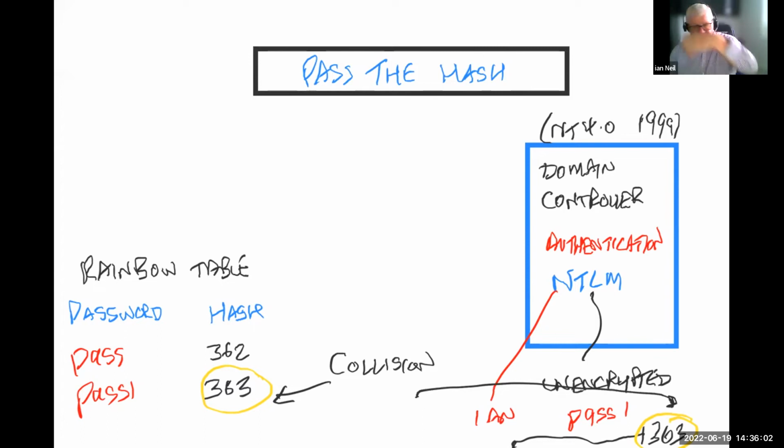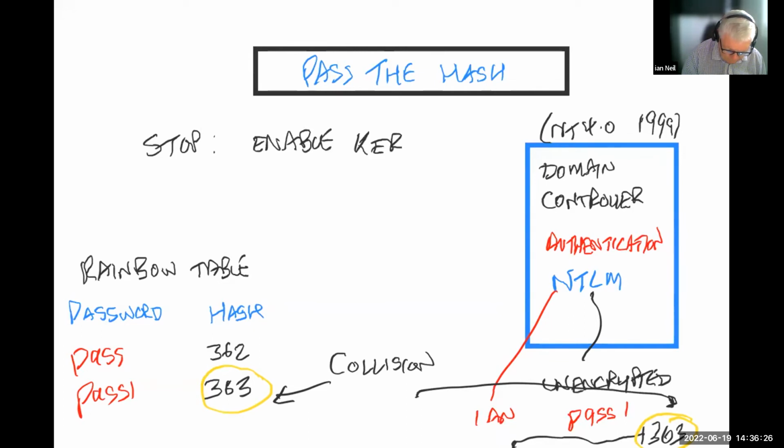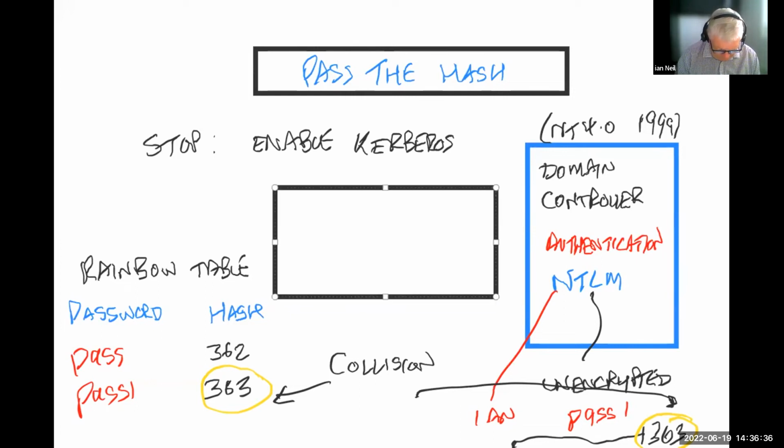Now, after this, I'm going to show you a hash, and I'm going to show you what we need to look for inside the exam. Now, how am I going to stop a pass the hash? We're going to enable Kerberos. Now, Kerberos came out 17th of February 2000, and the database that it is in is called Active Directory.